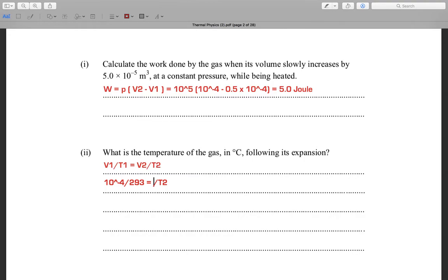Then volume 2 is 1.5 times 10 to the power minus 4.